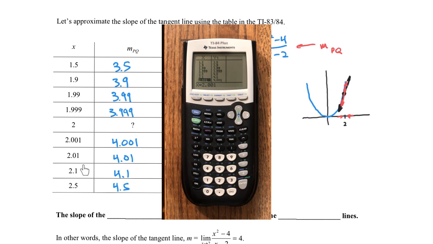And also same on the other side. As we approach 2 from the right, from values bigger than 2, these slopes get closer and closer to 4. So if we had to guess, and we are guessing, it looks like probably the slope of that tangent line is 4. Now, again, we're just making an educated guess, but probably the slope of this black tangent line is 4.